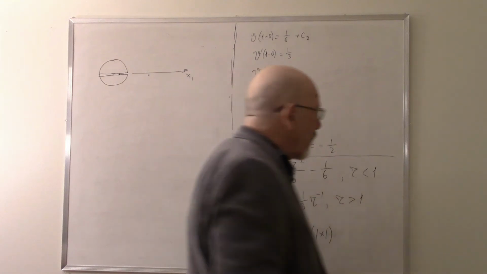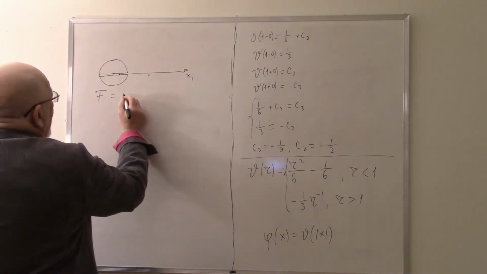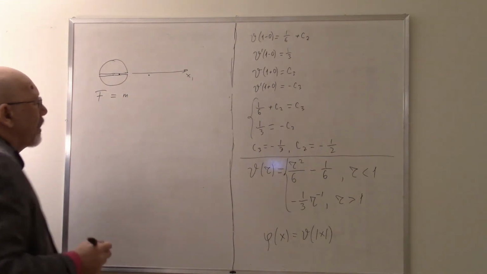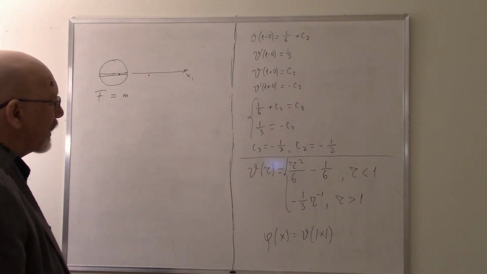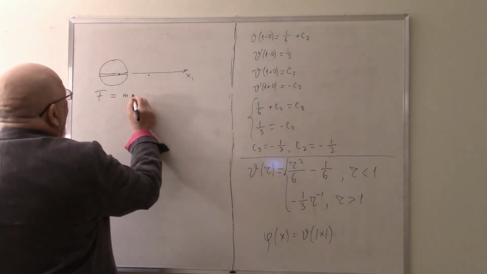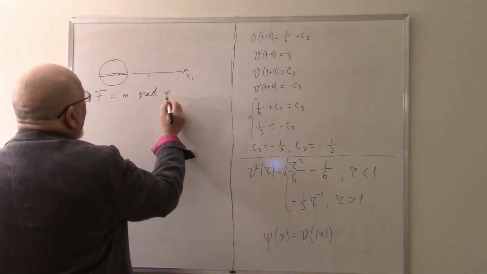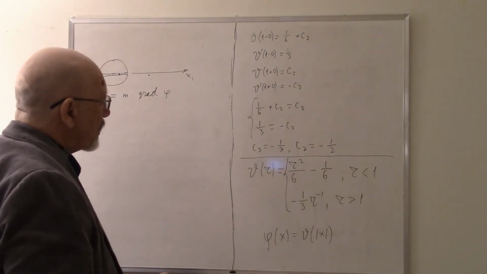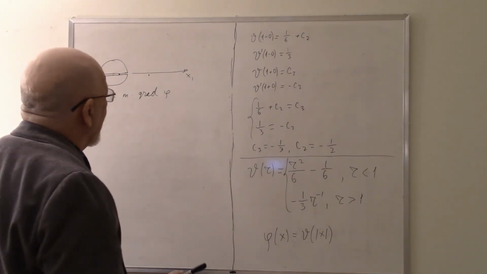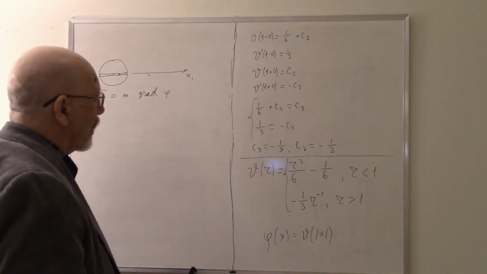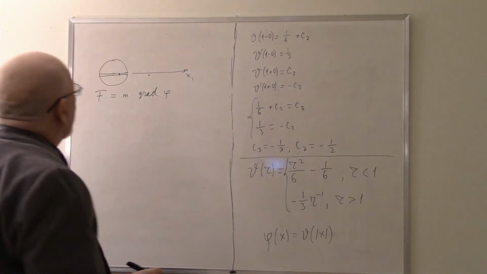And so what is the force? So F equals m, the mass of this particle, times the gradient of phi. The gradient of phi is directed along the radius vector, because phi is a function depending only on the radius, a radial function.